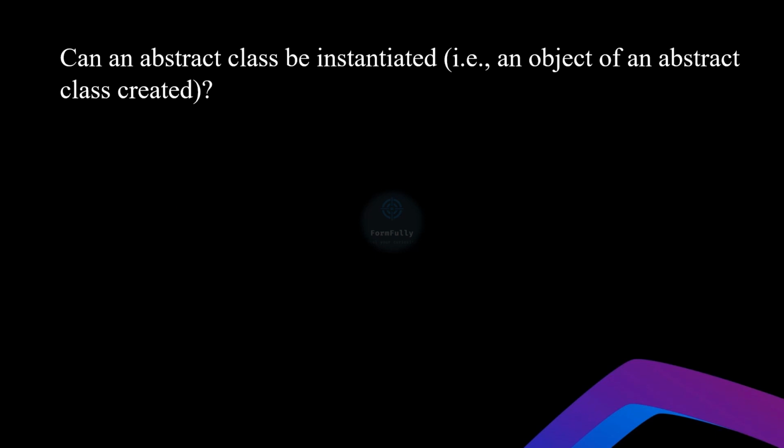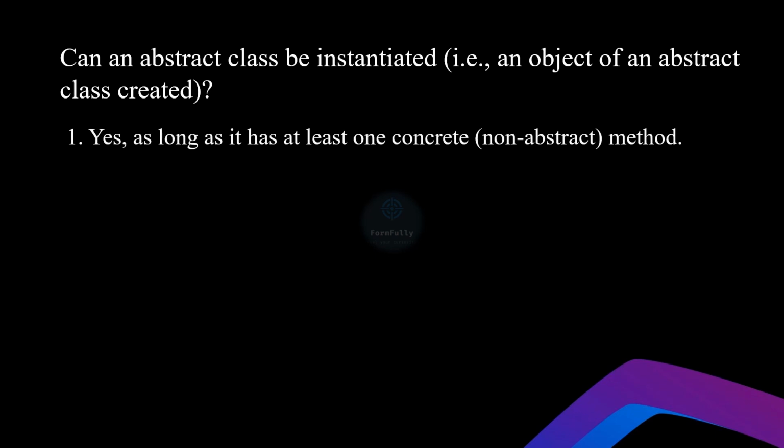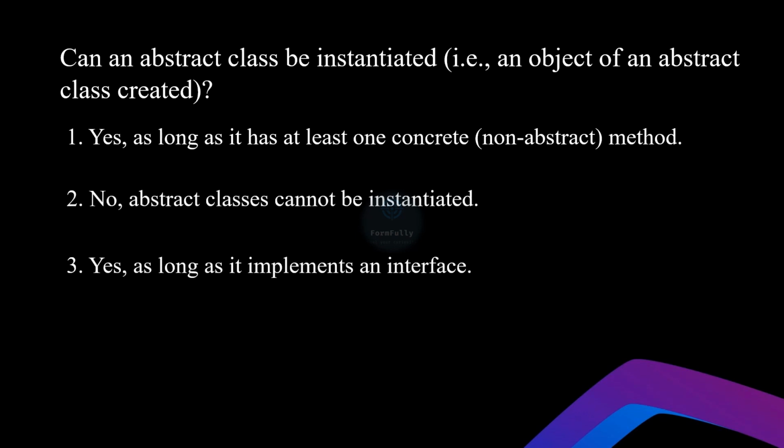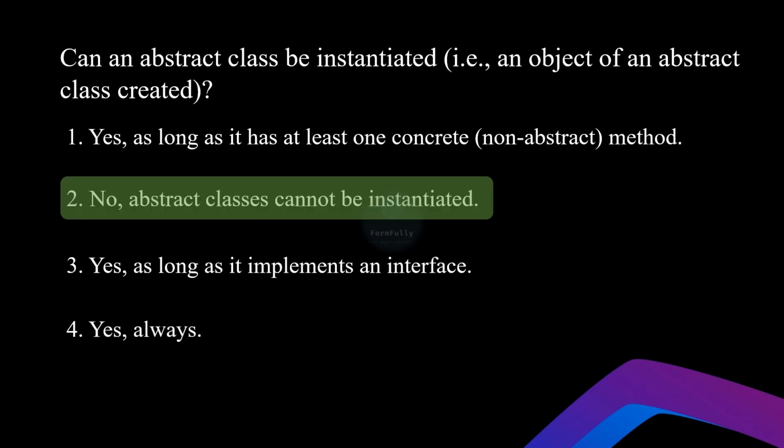Moving to the next question. Can an abstract class be instantiated? That is, can an object of an abstract class be created? Options are: yes, as long as it has at least one concrete method; no, abstract classes cannot be instantiated; yes, as long as it implements an interface; yes, always. Here option 2 is correct, as an abstract class cannot be instantiated because it is meant to be subclassed and objects are created from concrete subclasses.